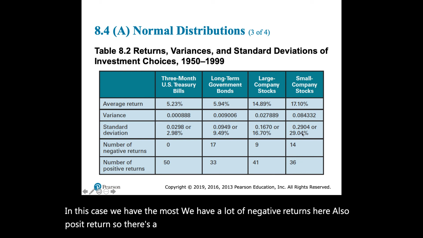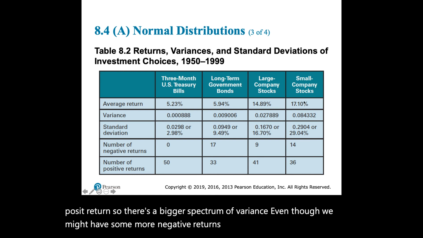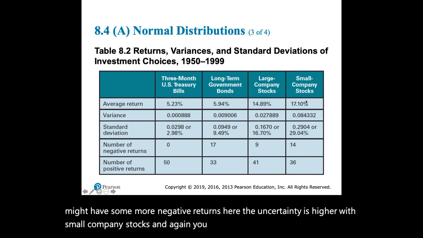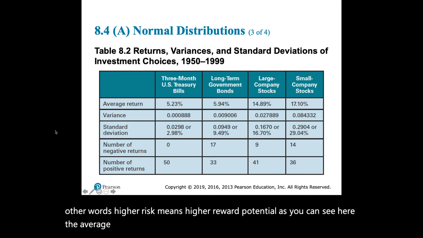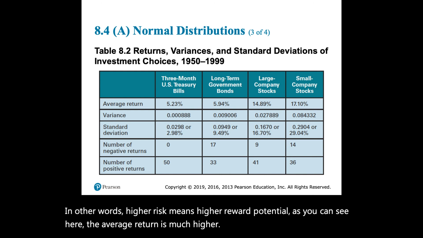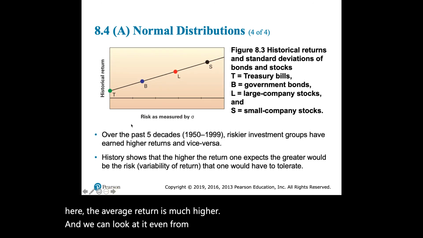In other words, higher risk means higher reward potential, because you can see here the average return is much higher. We can look at it even from here. Small company stocks have the highest risk, but also the highest return.